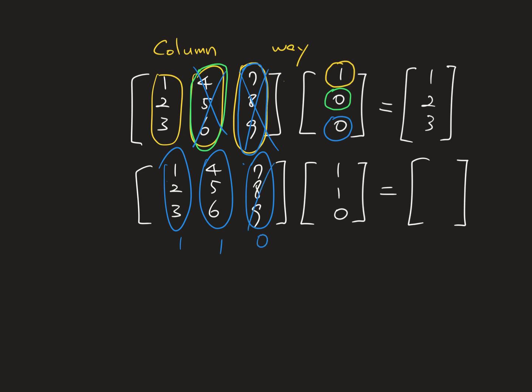So that means we're not going to use that column. So the answer is 5, 7, and 9. Okay, so it's just the addition of the first column and the second column.